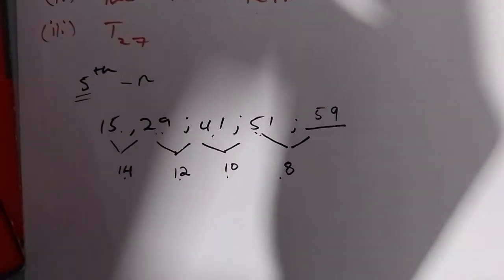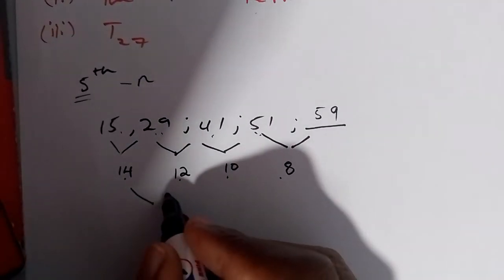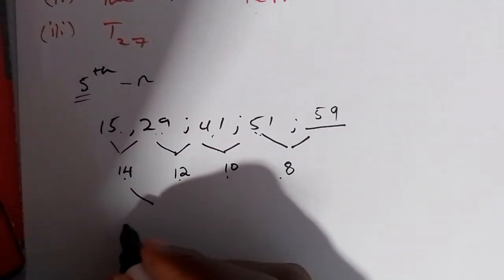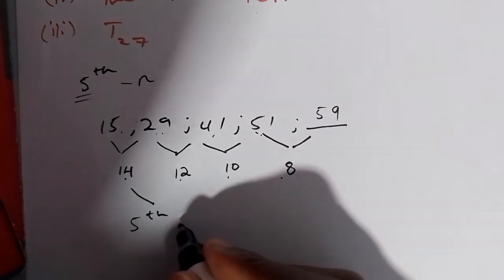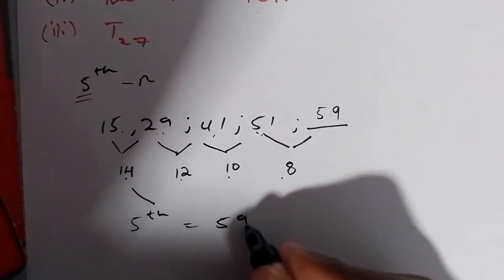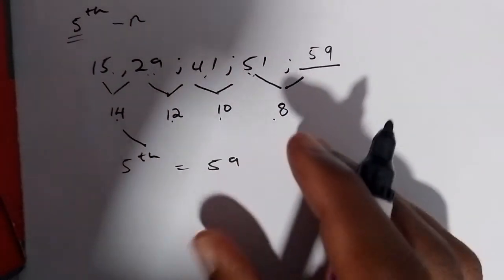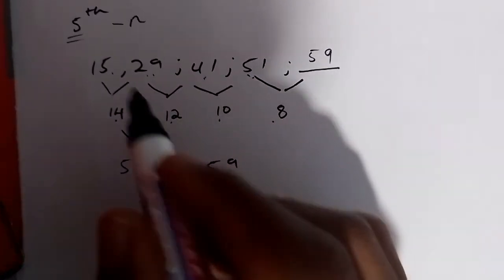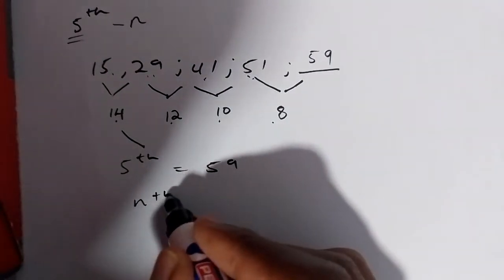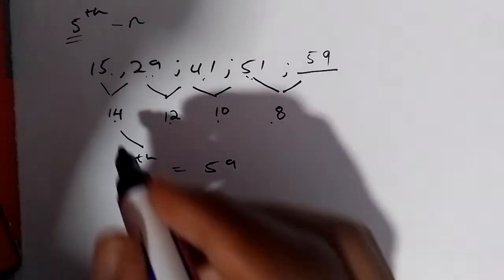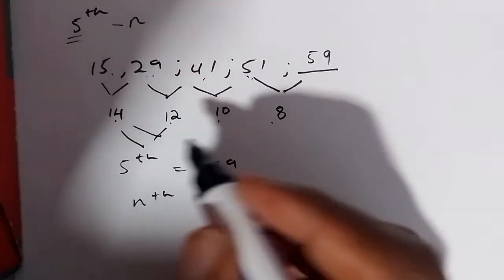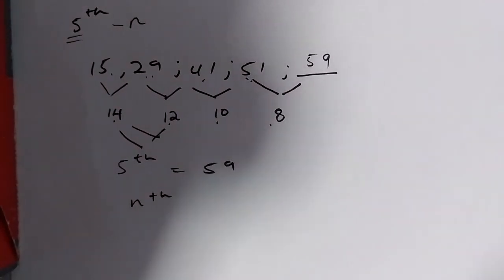Now let's continue. This is my 5th term, which is equal to 59. Now, the second question says we need to calculate the nth term. But I can calculate the nth term if I know the second common difference.